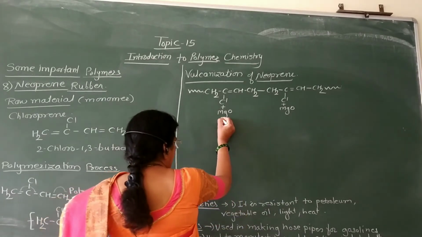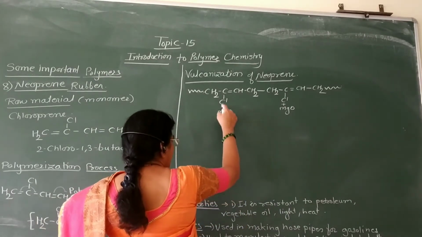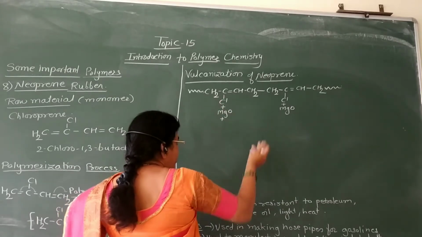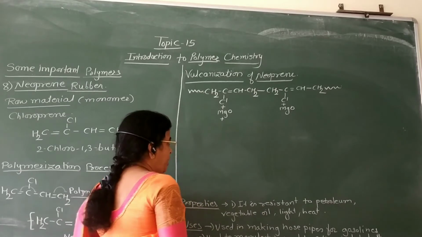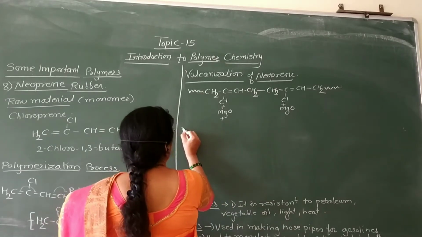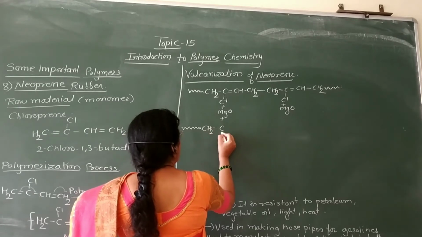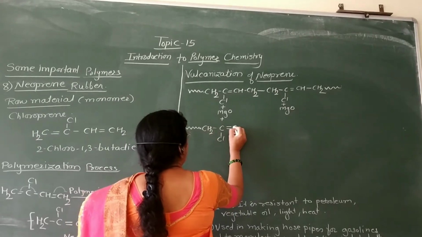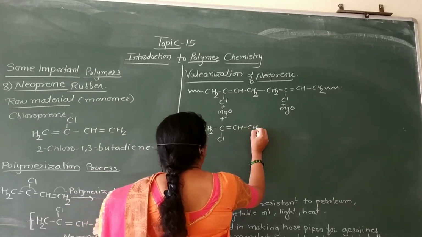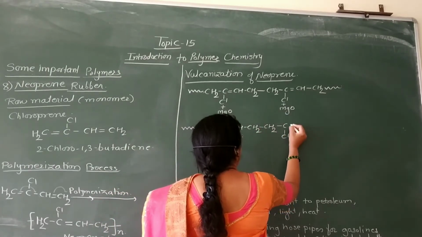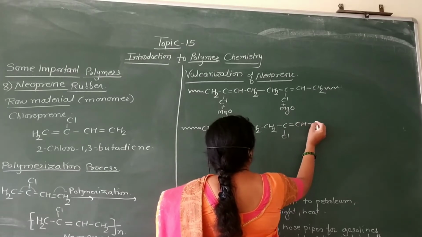Now this MgO reacts with, or undergoes vulcanization with, a number of such neoprene units like this: CH2, C(Cl)=CH, CH2, CH2, C(Cl)=CH, CH2.